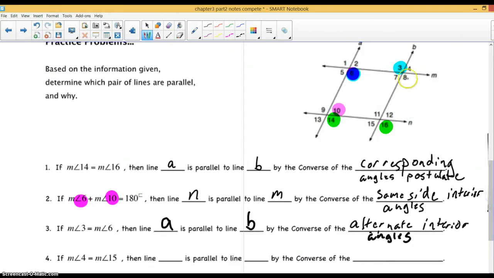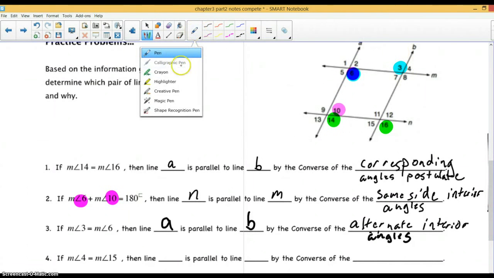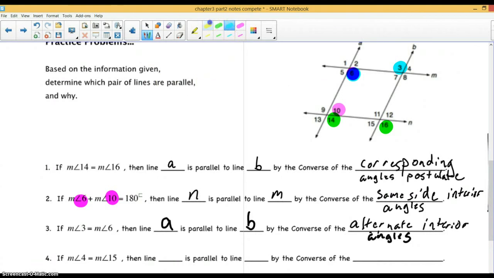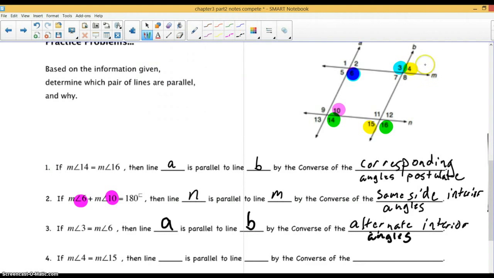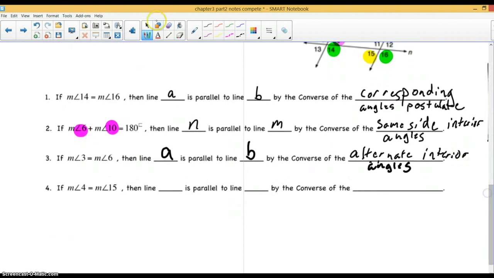Now, our last example, we have angles 4 and 15. So we find those in our picture, angle 4 and angle 15. Those are on the exterior, so they aren't in between our two lines, and they alternate. So those are alternate exterior angles.